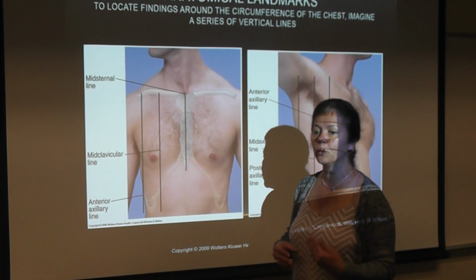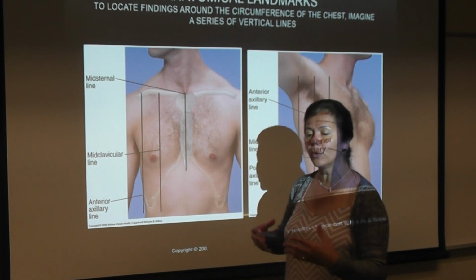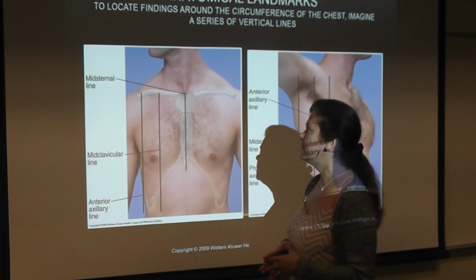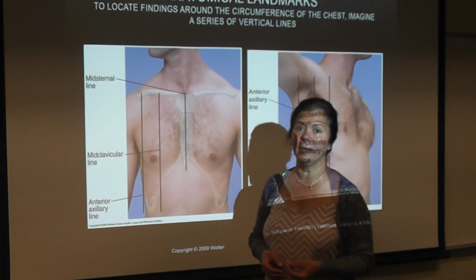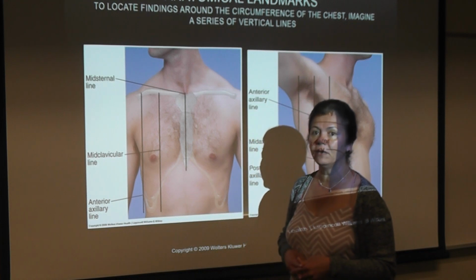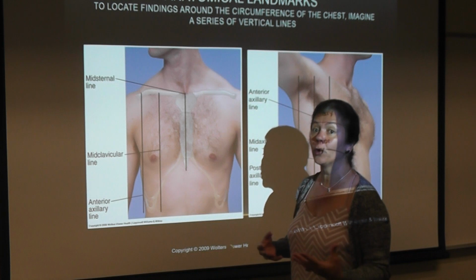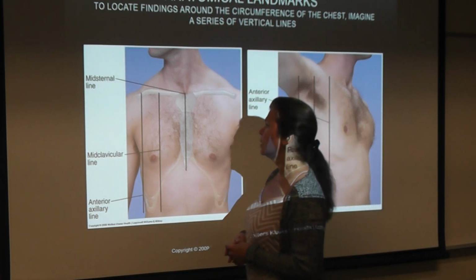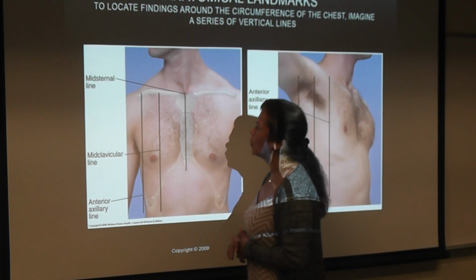The hilum is where all the bronchi are branching out, and the mediastinum is where the main vessels, the aorta, the superior and inferior vena cava, etc., are located in the center of the chest. So basically where the main vessels are located.